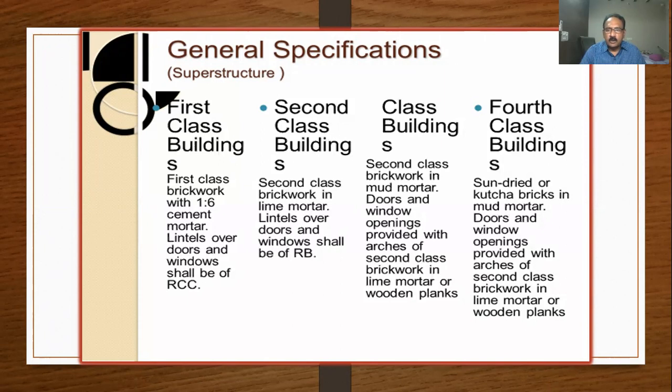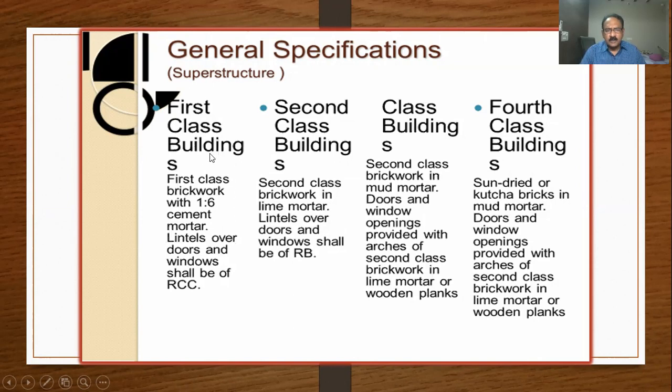Just above the ground, around 2 to 3 feet, you will have the basement. Then you will have the DPC, damp-proof course. In superstructure, you have columns, beams, slabs. We will see some figures and, if time permits, some more videos.